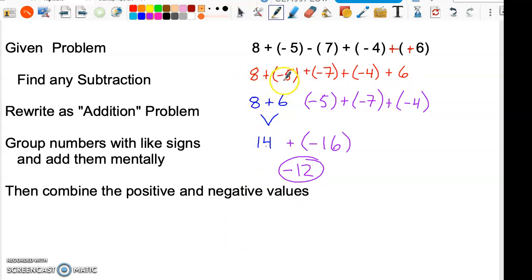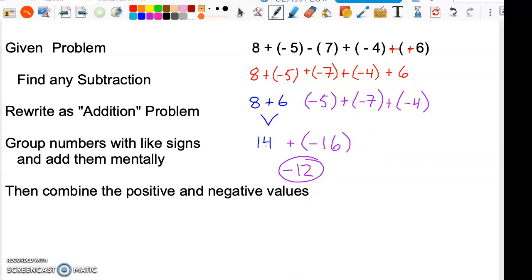8 minus 5 is 3. 3 minus 7 is negative 4. Negative 4 minus 4 is negative 8. Oh, negative 2.